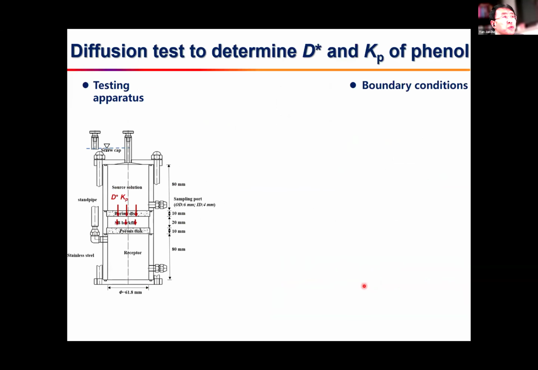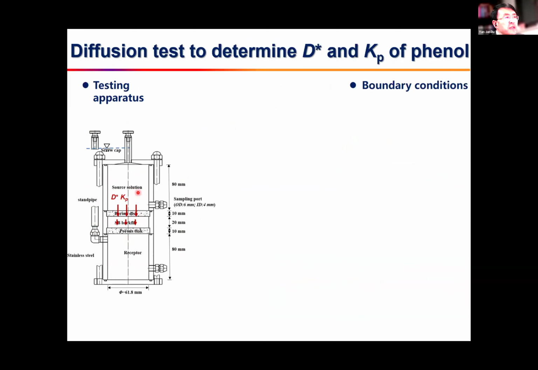We also run diffusion tests to evaluate the effective diffusion coefficient and partition coefficient of phenol. Here is the testing apparatus. Here is the SB backfill, and here the source solution containing phenol. Here the receptor initially contains distilled water.